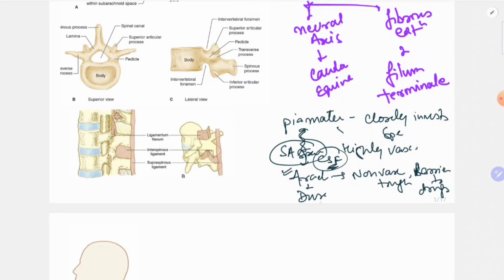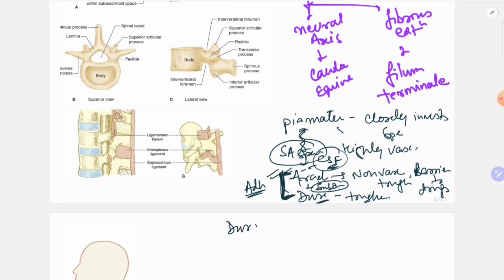Outside the arachnoid is the dura, and obviously in between them will be the subdural space, but this subdural space is very small. Now this arachnoid and dura are actually very closely adhered to each other, such that when we want to enter the CSF, although it is the arachnoid that is to be pierced, we only talk of dura because dura is tougher, and when we pierce dura, we actually pierce dura and arachnoid together.